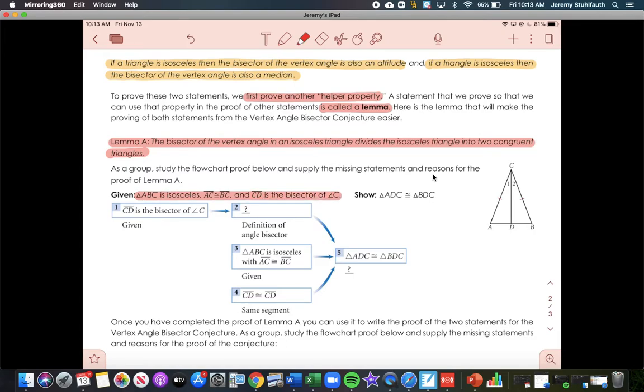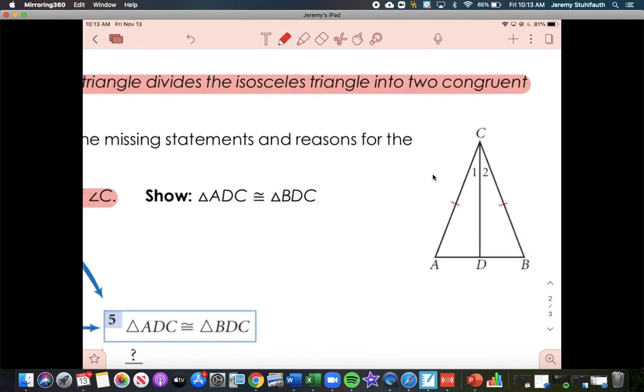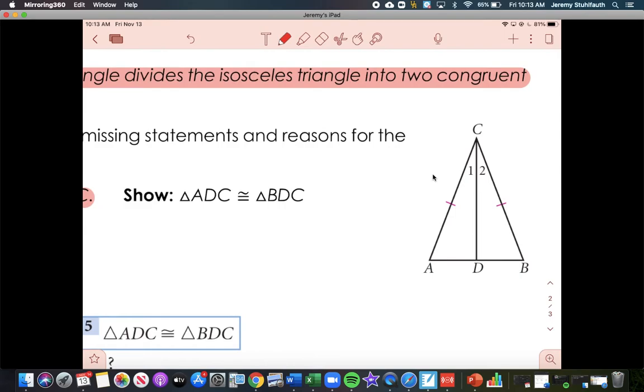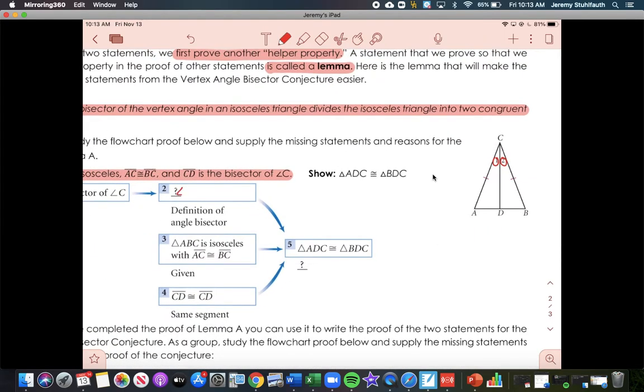So first, in our flowchart proof, we're given CD is the bisector of angle C. The reasoning for the next box is the definition of angle bisector. So what needs to be in that box is that the definition of an angle bisector tells us angle 1 is congruent to angle 2.